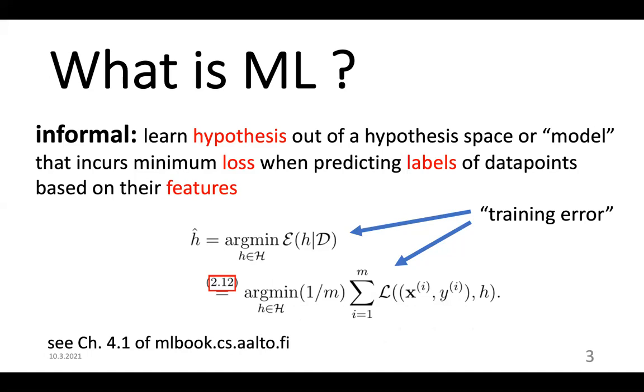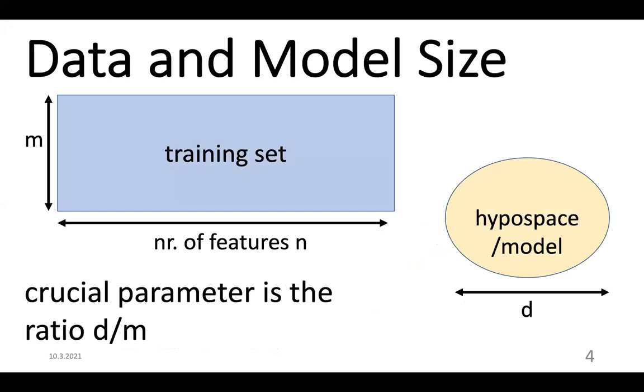That's a very pragmatic definition, but you cover a lot of machine learning theory and methods by sticking to this definition. Okay, so we have two main ingredients, I would say, of a machine learning method: data and model, because the loss function is typically something that you do not ponder around too much.